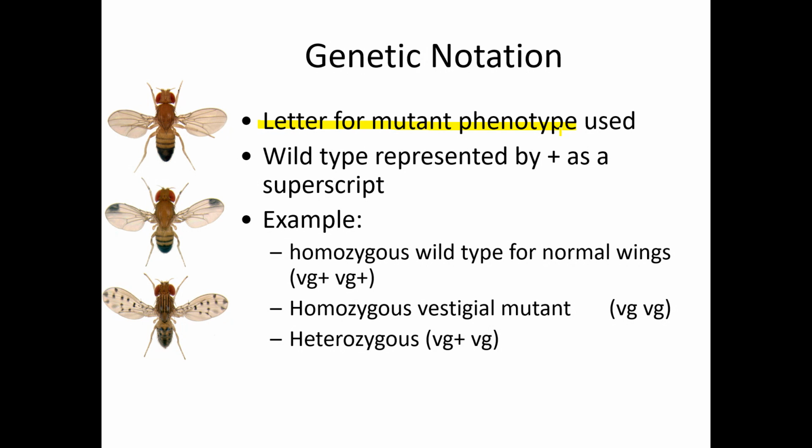So for instance, we could be doing purple eyes, okay? We could cross a purple-eyed fly with a wild type red-eyed fly. And so you always use the letter for the mutant. So if we were doing purple eye, we could just use letter P for purple, okay? Then if it's a wild type gene, you put a superscript of a plus sign.